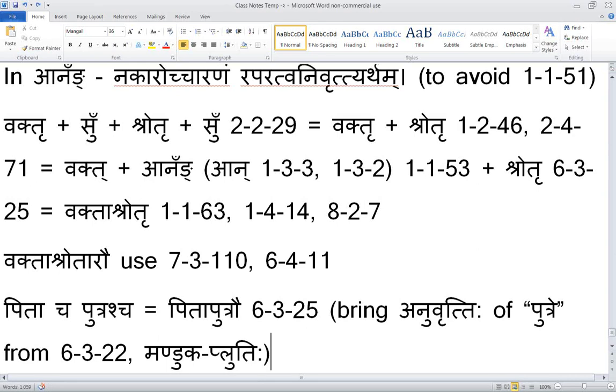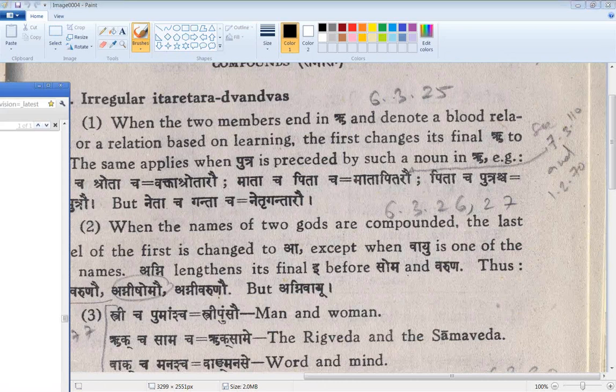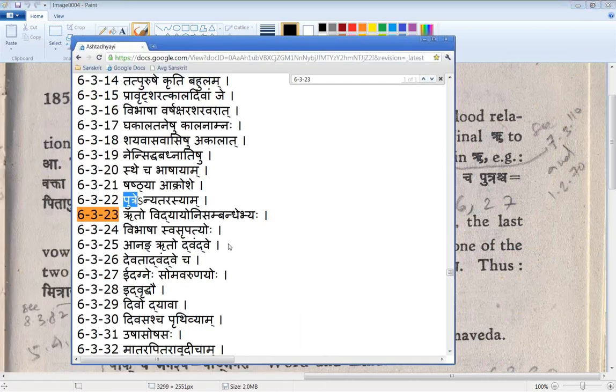So pita putrau you normally could not do by 6.3.25, but bring in the anuvritti for pita putrau. Now he gives a counter example, which is neta and gantaa. You don't have the vidya sambandha or yoni sambandha, so it only becomes netru gantarau. So one more time, 6.3.25 we are using. 6.3.25 says anangruto dvandve, with the anuvritti of vidya yoni sambandhe coming down.